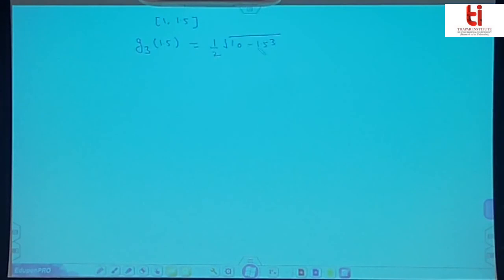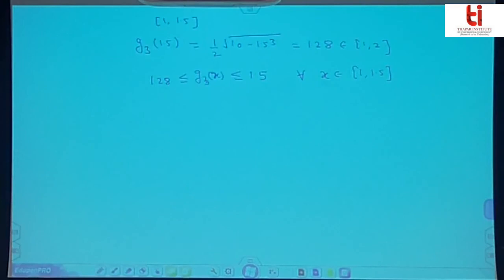This value is 1.28. This value belongs to the interval 1 to 2. So we can say g3(x) lies between the minimum value 1.28 and the maximum value 1.5 for all x belonging to the interval 1 to 1.5.